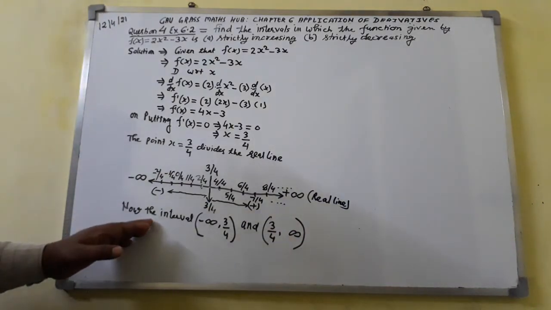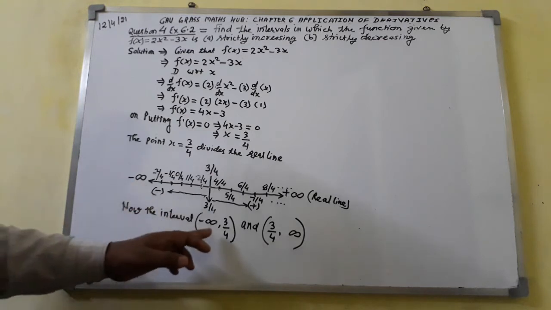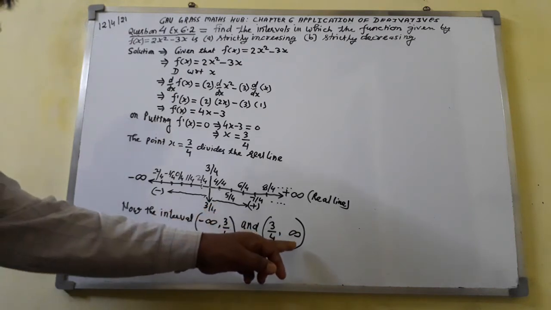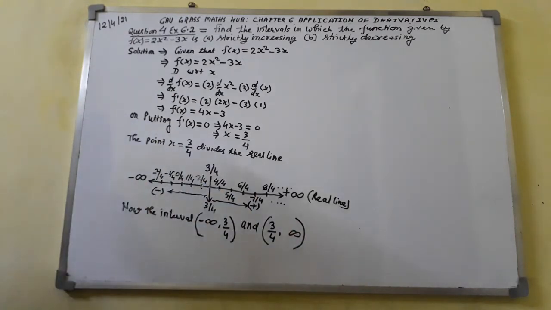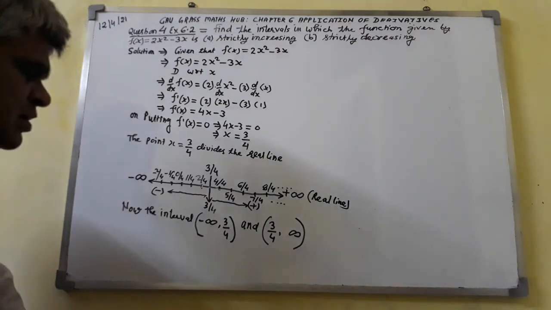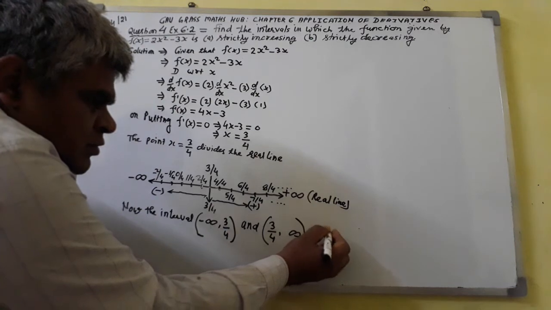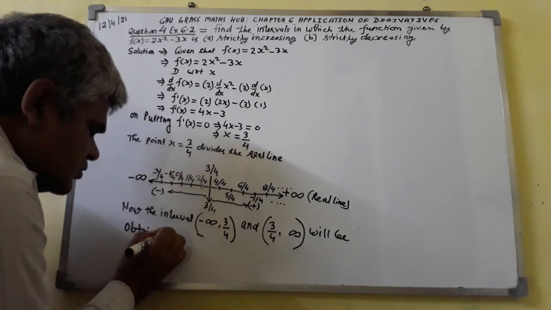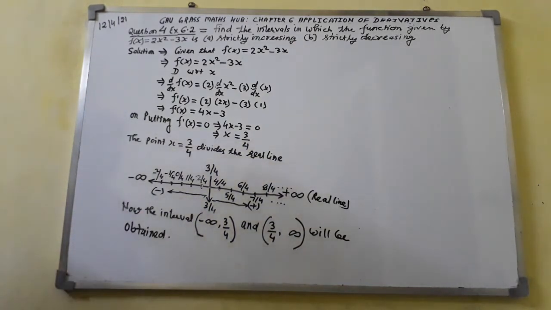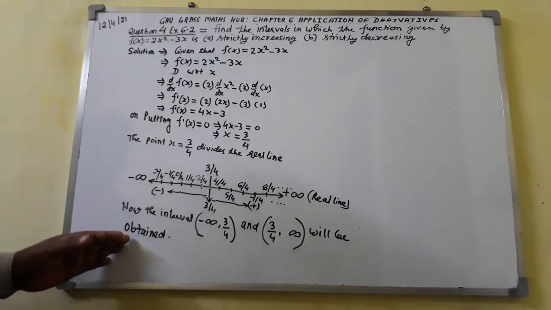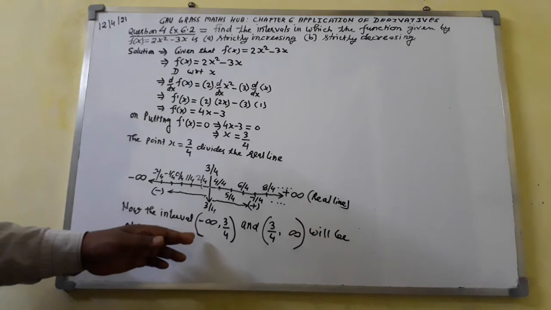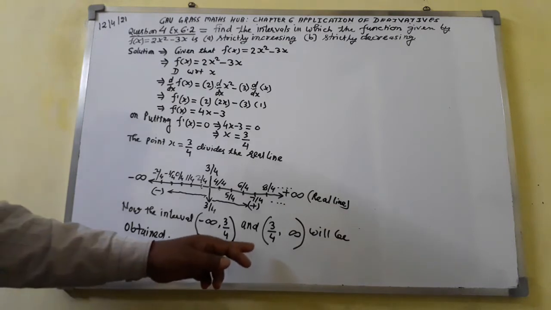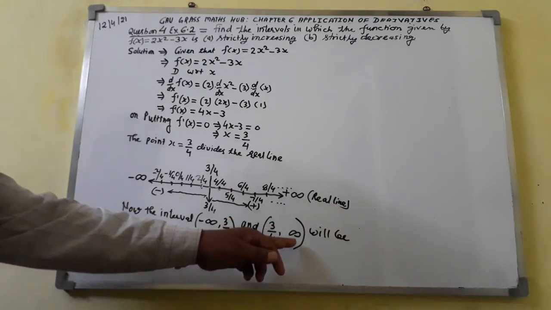So two intervals will be obtained: the open interval minus infinity comma 3/4, and the open interval 3/4 comma infinity.